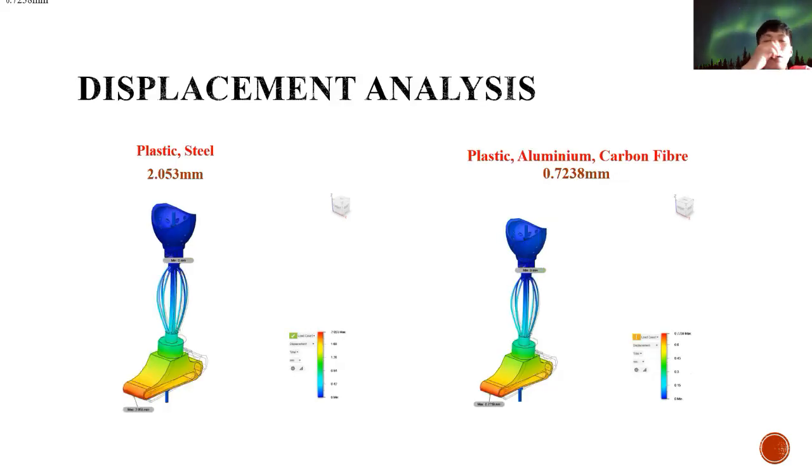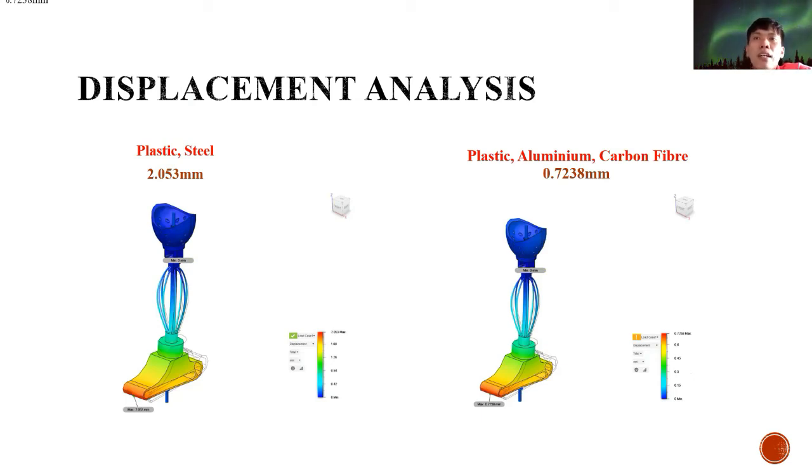For the displacement analysis, we can see that the first material has a displacement value of 2.053 mm. For the second material, where I applied aluminum, carbon fiber, and plastic, I get 0.723 mm.